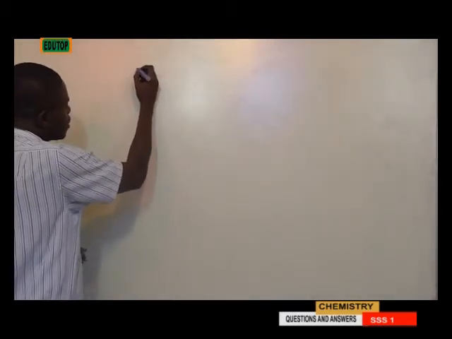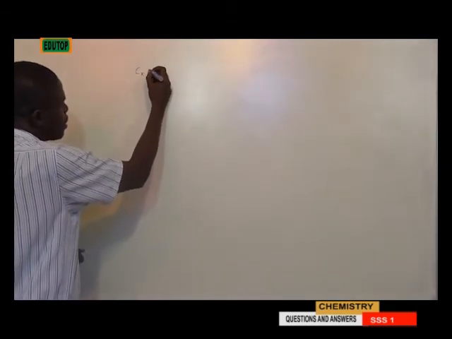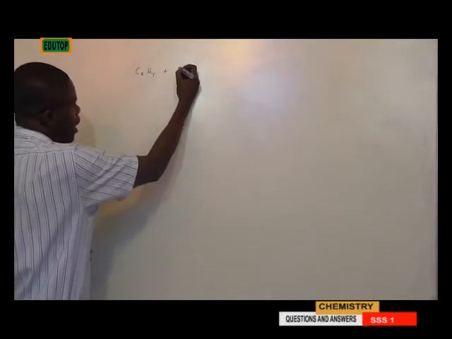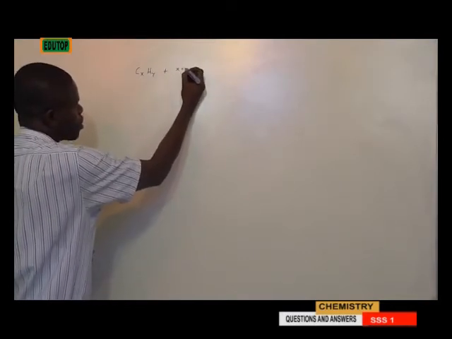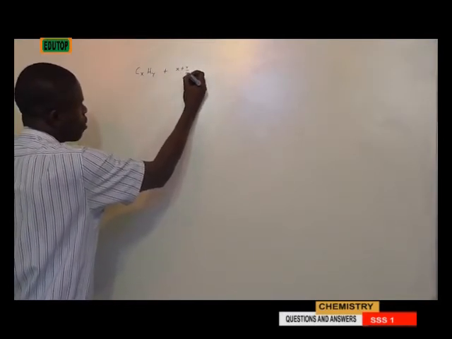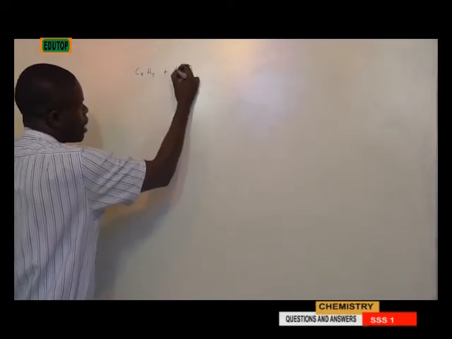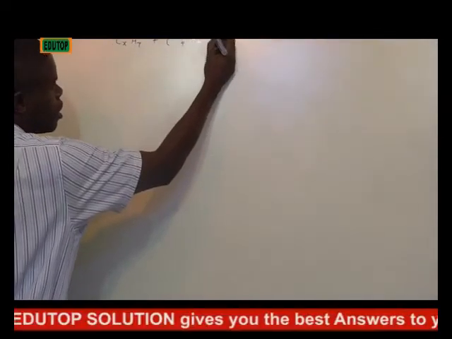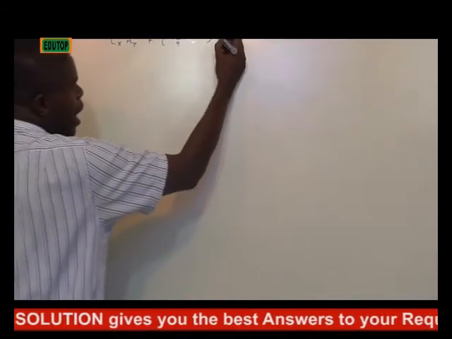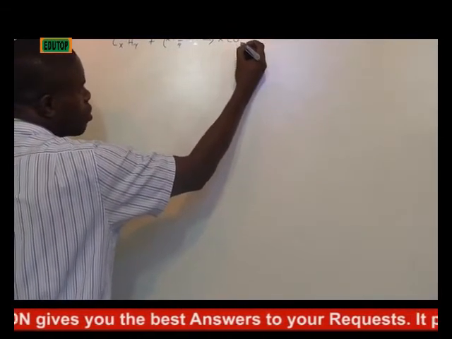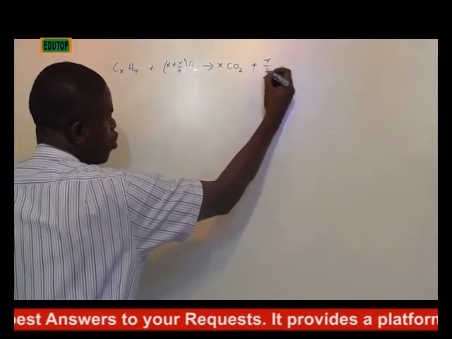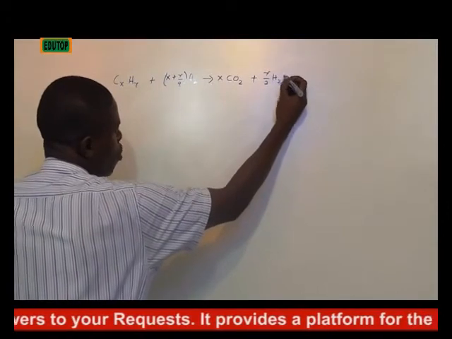And it is written CxHy plus (x plus y over 4) into brackets O2, that's the combustion, giving you x CO2 plus y over 2 H2O.